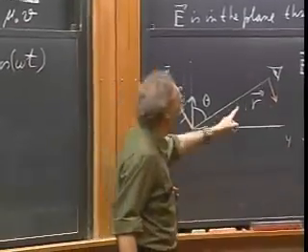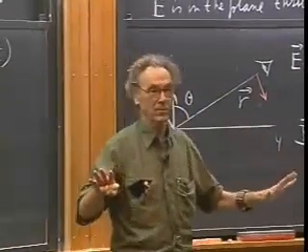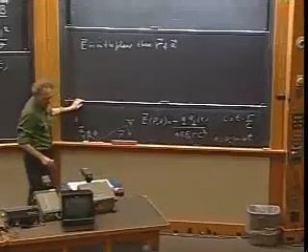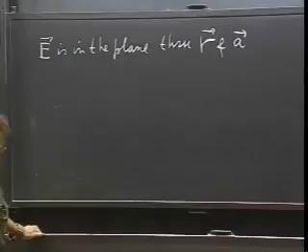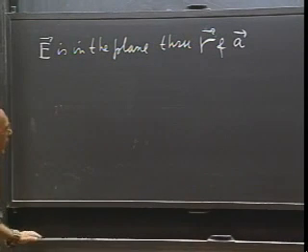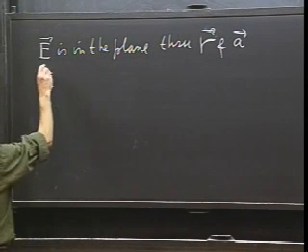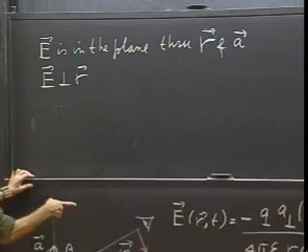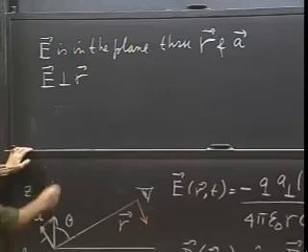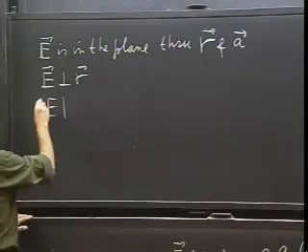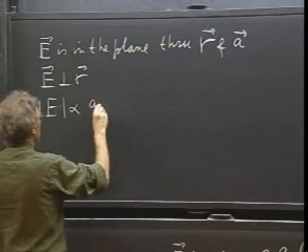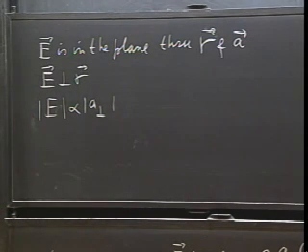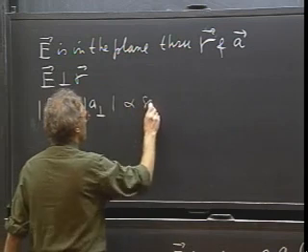And therefore the E vector is in the blackboard in this case. So that is key, that E is in the plane through R and A, not into the plane. And E is perpendicular to R. Notice I have that. And E, amplitude, is proportional to the amplitude of E perpendicular. And therefore, it is proportional to the sine of theta.